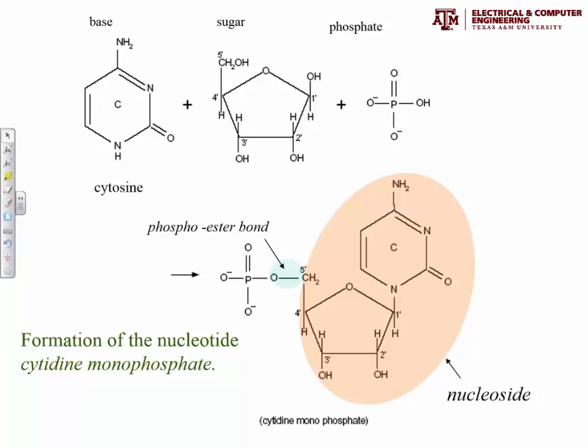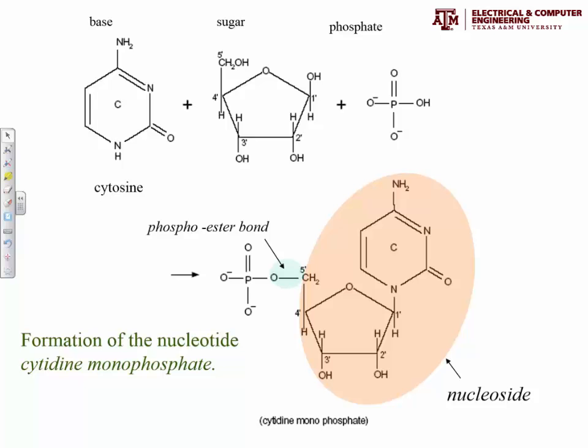This is CH2OH, attach this inorganic phosphate here. Because there's a hydroxyl, you can eliminate a water molecule and form this phosphoester bond. So this gives you one unit. It's called a nucleoside.